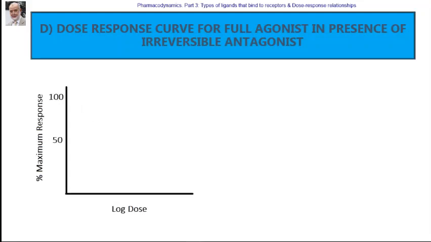Okay, so let us imagine this is the dose response curve of a full agonist alone. By increasing the dose of the agonist, response will increase till we reach maximum, and once it reaches maximum, that's the end.